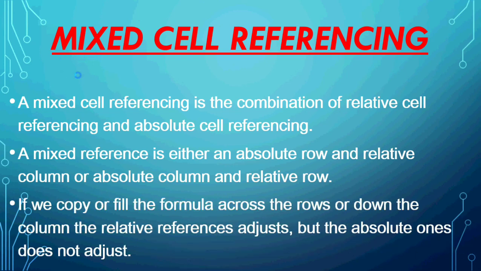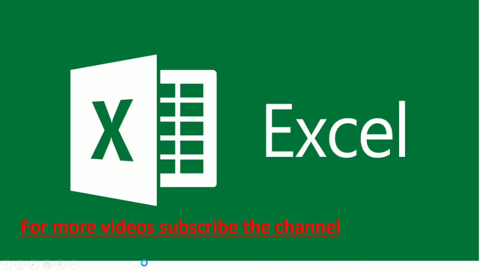Here is the third point about mixed cell reference: if you copy and fill the formula across the row and down the column, the relative reference adjusts but the absolute one does not. So this is a small part of Excel, cell references. I hope that you all understand this.